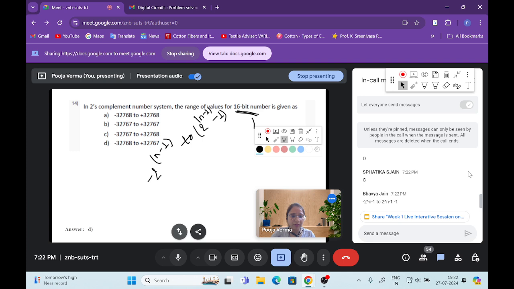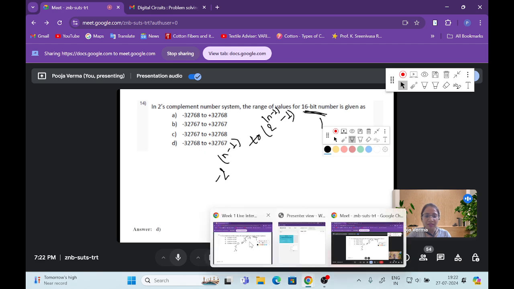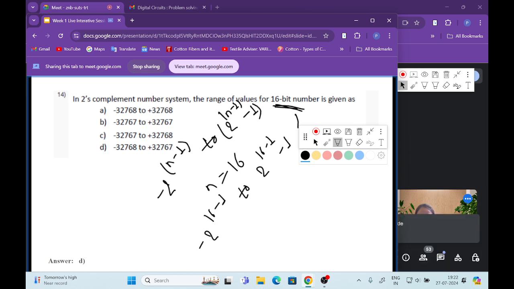So here n is given as 16 because we have to represent it in 16 bits. So just put in 16: minus 2 to the power 16 minus 1 to 2 to the power 16 minus 1 minus 1.